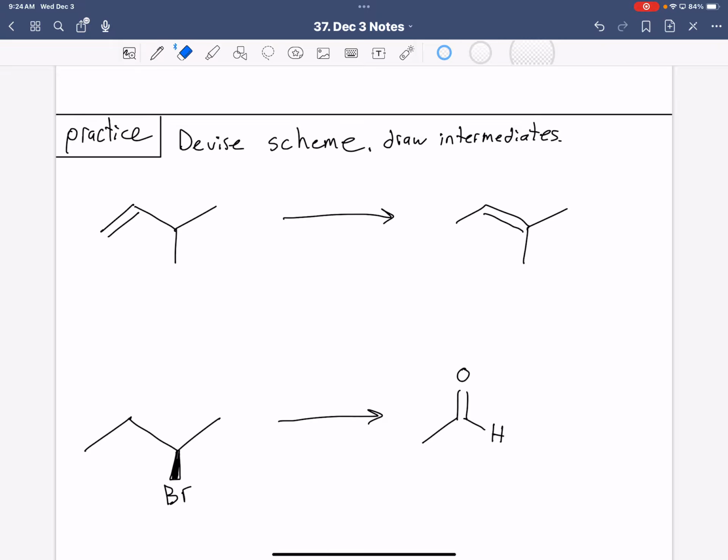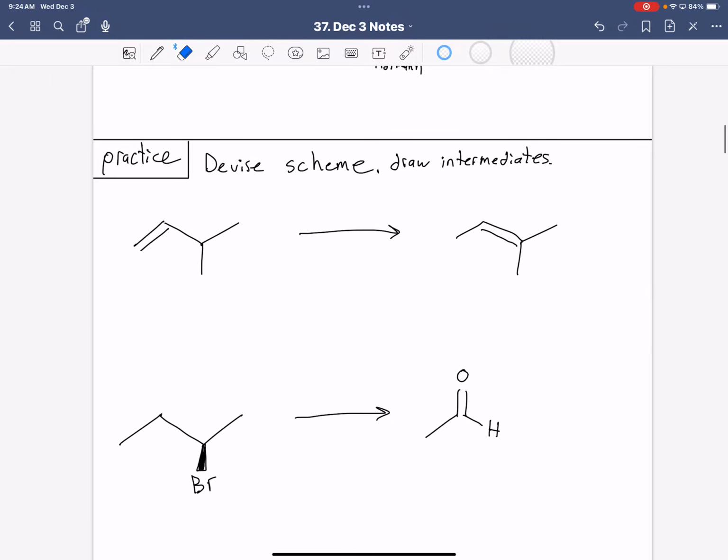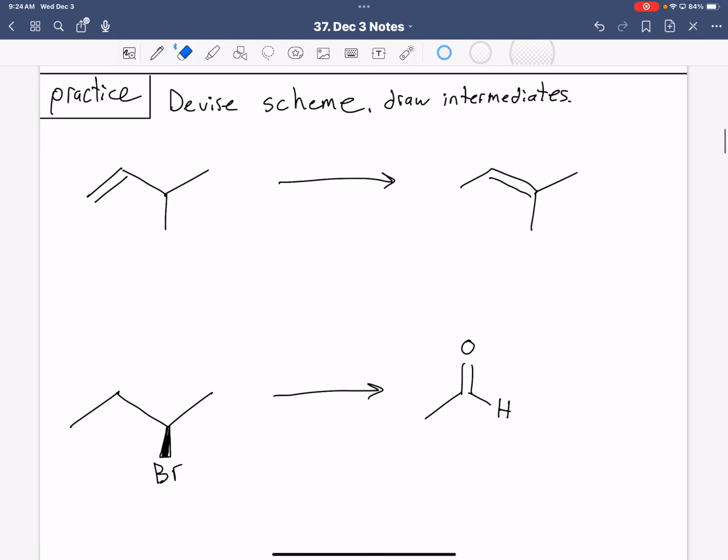There's another. It's really only 2 reactions you have to use for each of these. It might be more than 2 steps, but only 2 reactions. Just think backwards. Think what those products could have come from right before that.